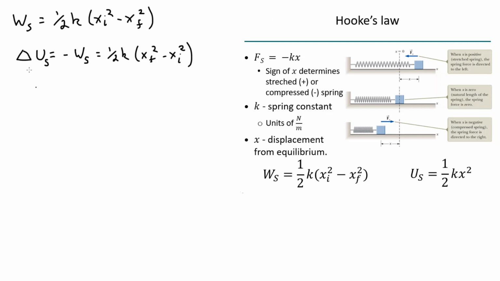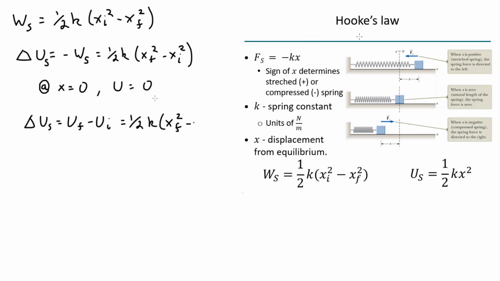Let's do two things. Let's define our 0 point of potential energy to be x equals 0. So we'll say at x equals 0, U equals 0. And now delta U spring equals U final minus U initial. And this equals 1/2 k times x final squared minus x initial squared.